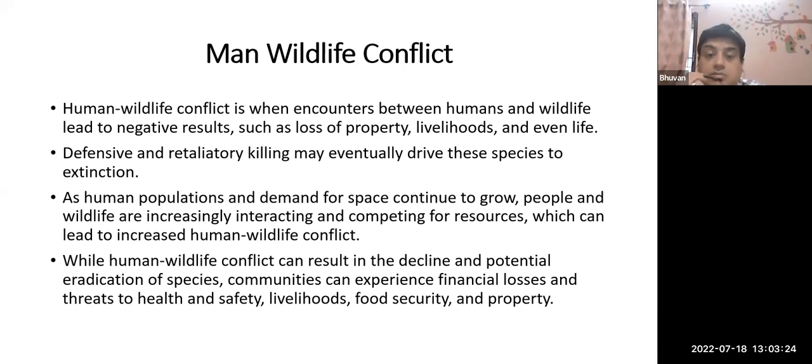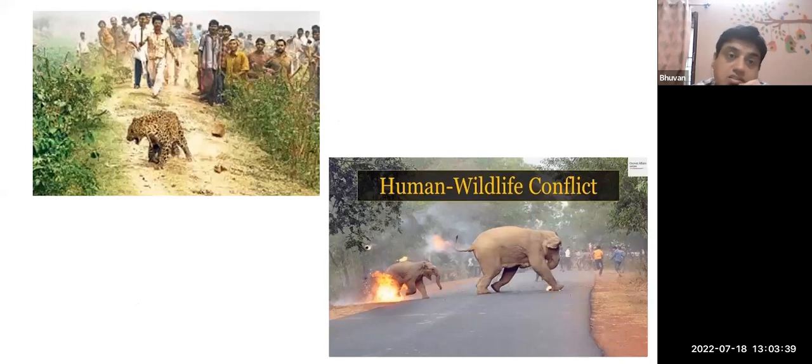So human wildlife conflict is getting very serious, and we have to look at the root cause of that. In these two pictures, it will be very clear how human wildlife conflict is taking shape.